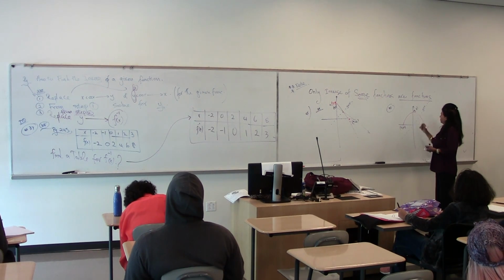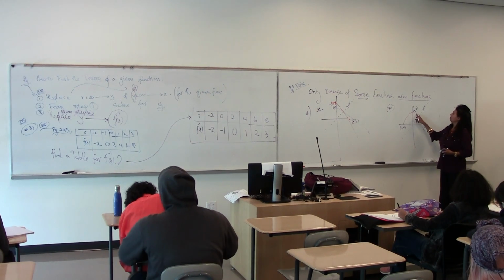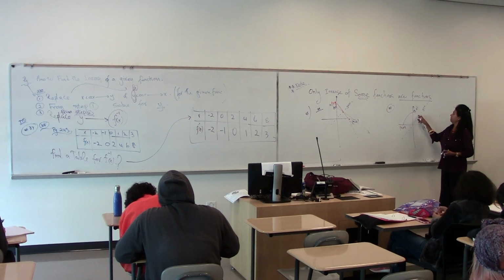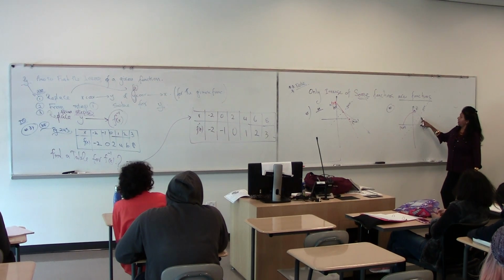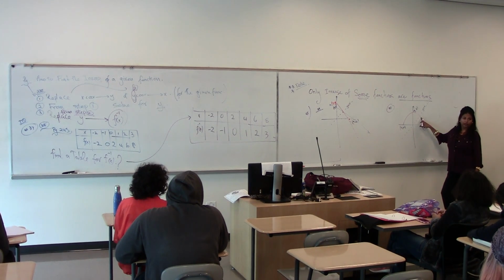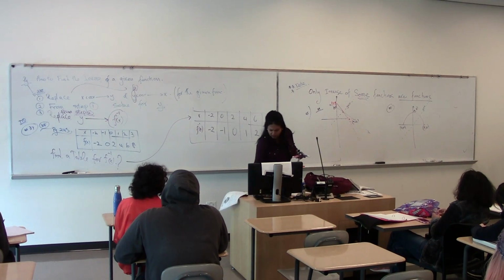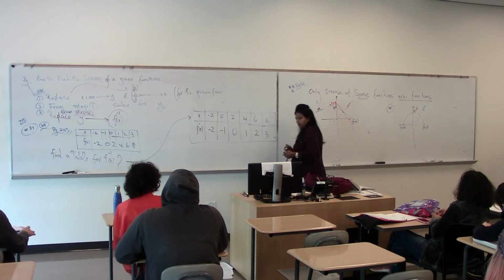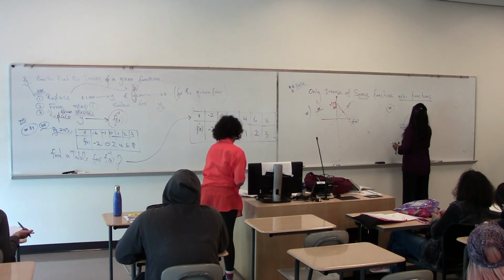Let's take a point here, (1, 1.5), and this one is (1.5, 1) here. So we know this side is the mirror image of this side. You guys can see that? Yes. So we got this part.